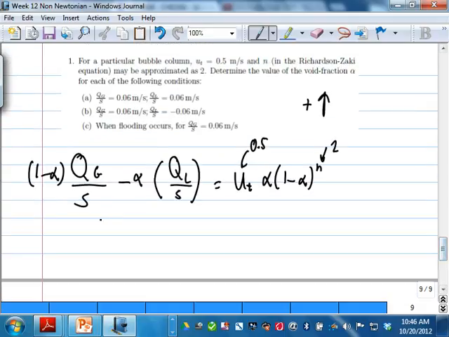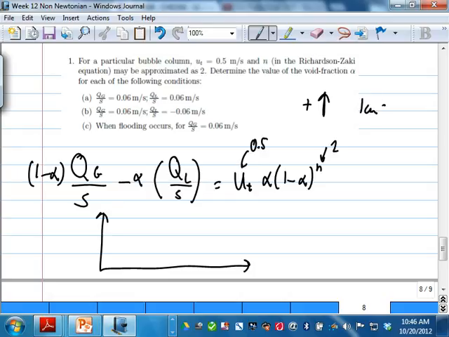So I draw small here, you draw to scale. I recommend 1 cm equals maybe 0.01 in the vertical.